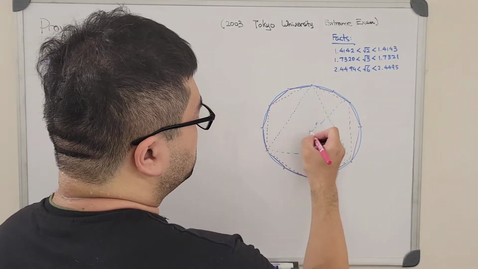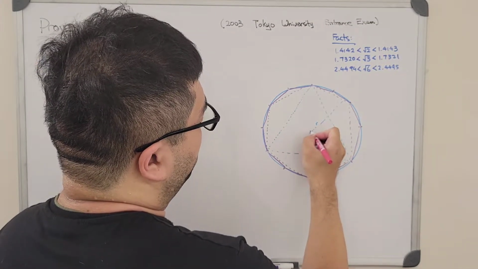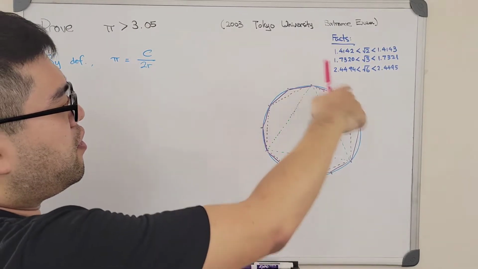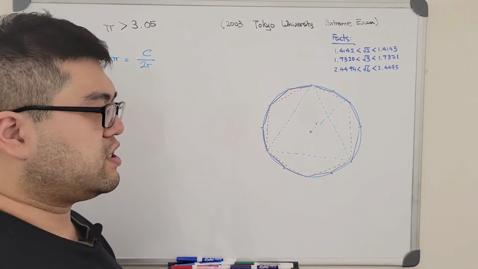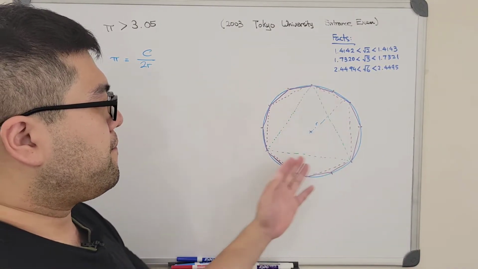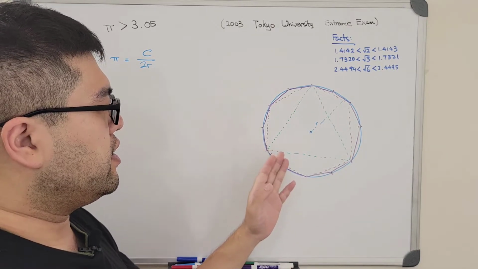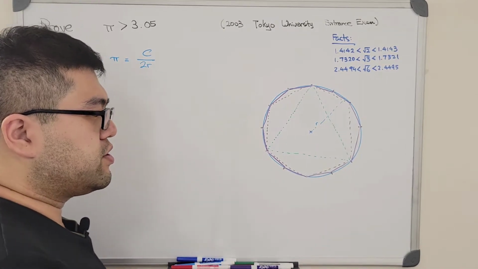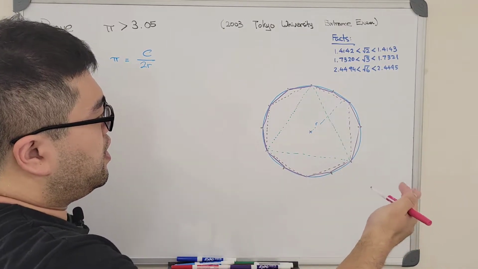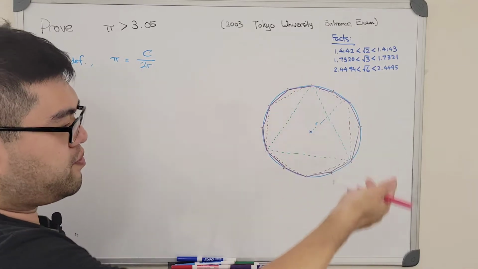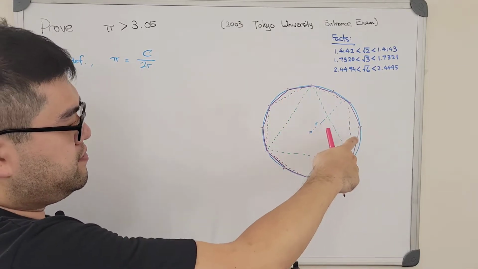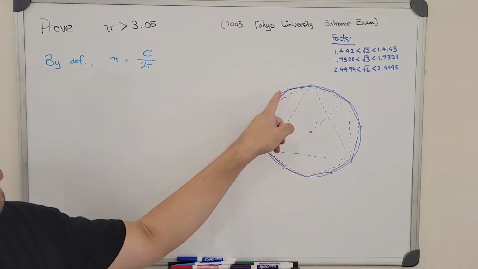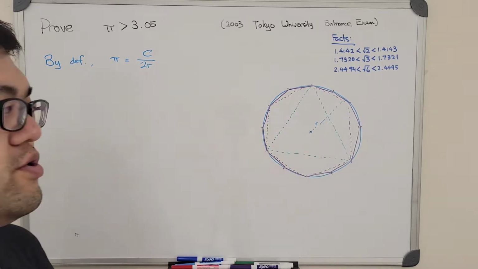So we're going to draw a line from the center of the circle, which is also the center of the regular polygon in this case, because the circle is called the circumcircle of the polygon, where all the vertices of the polygon are aligned on the circle.